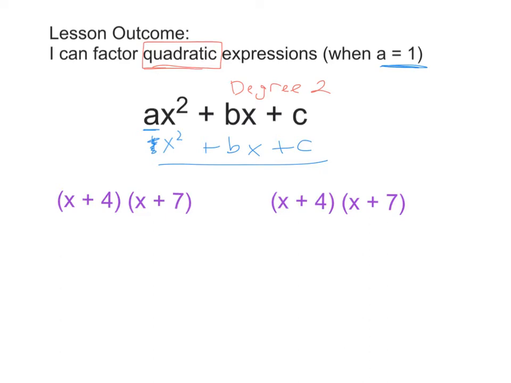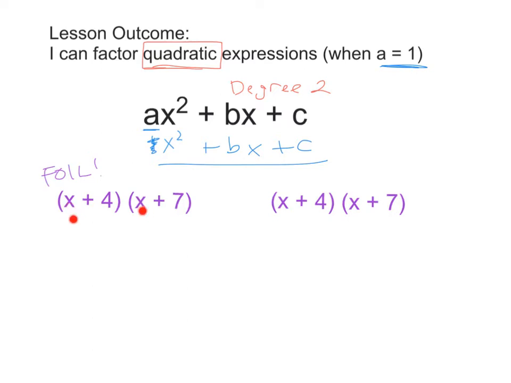But before we do that, we're going to talk below here about how, also in the previous unit, we took a binomial times a binomial and we would multiply it out and find out what we would get. Well, we're going to do that right now. The first way I'm going to do it is using the FOIL method, and you should remember that from our previous unit. First, outside, inside, last. So we need to multiply the first terms.